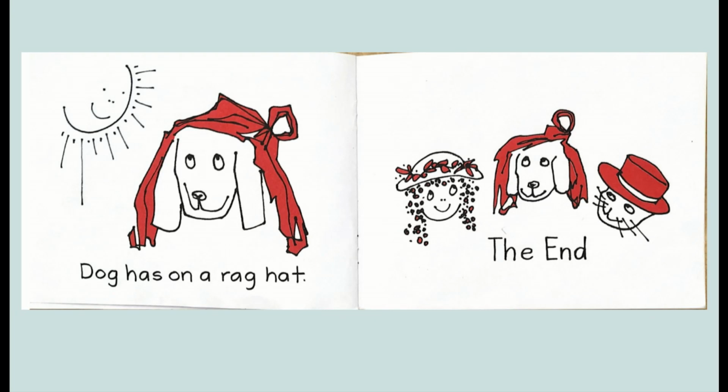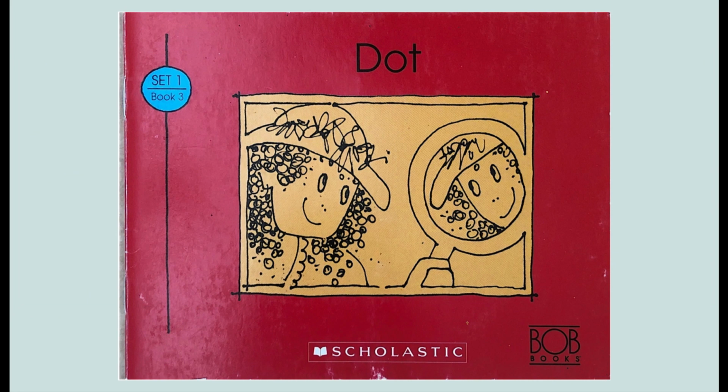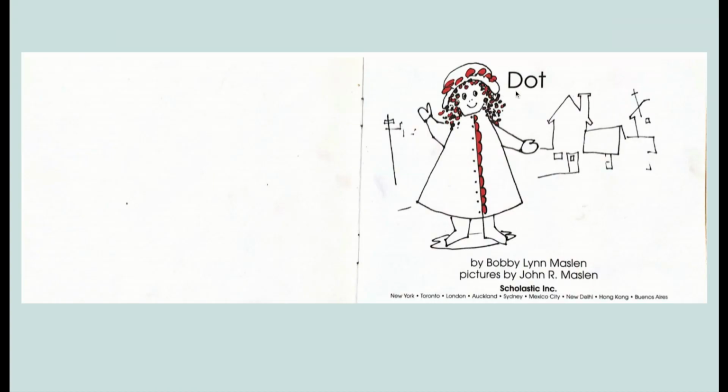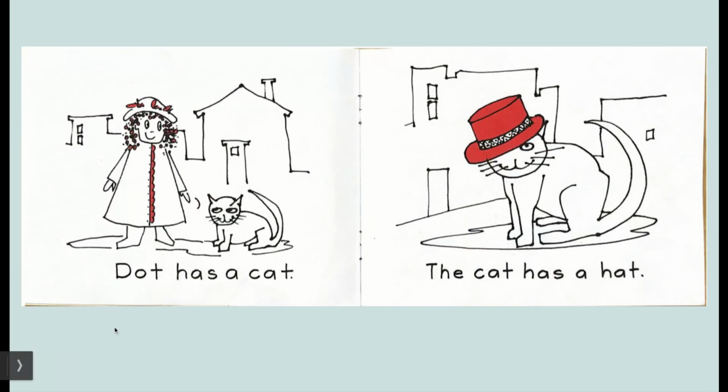Let's go back to the beginning of the story, and now that we have decoded all of the words in the story, let's read it through again. Ready? Dot has a hat. Dot has a cat. The cat has a hat.